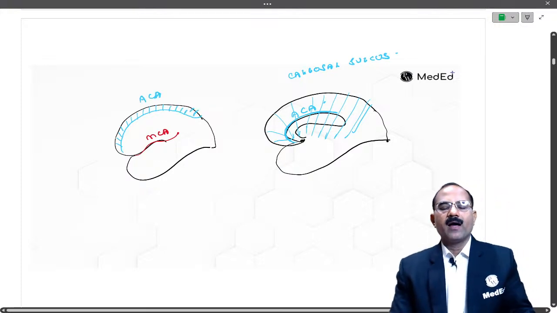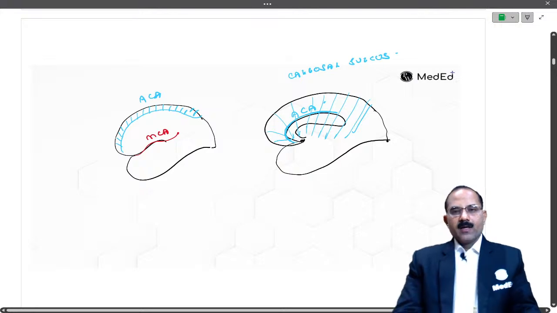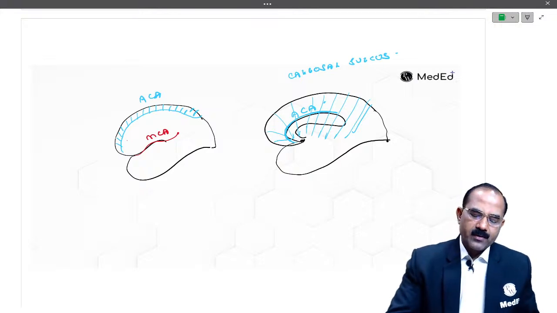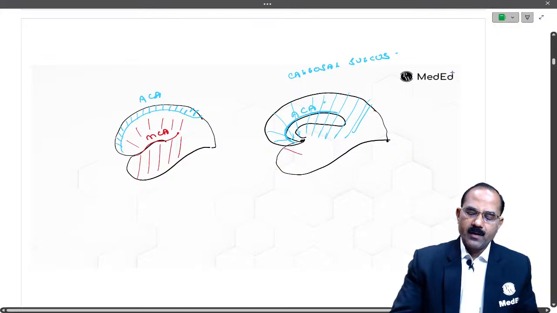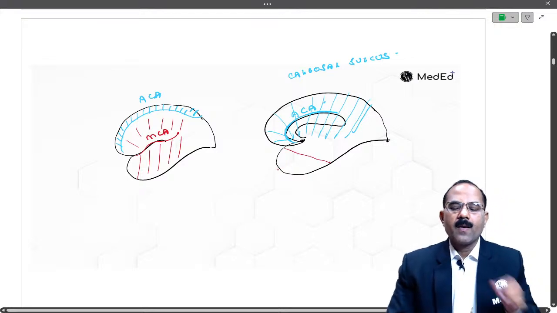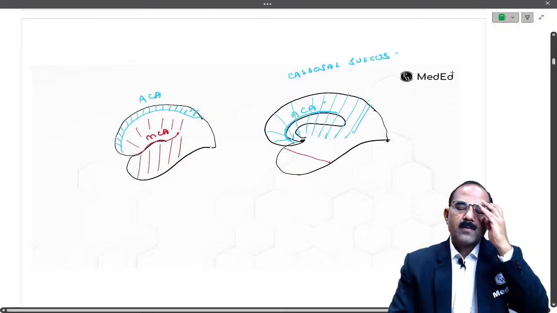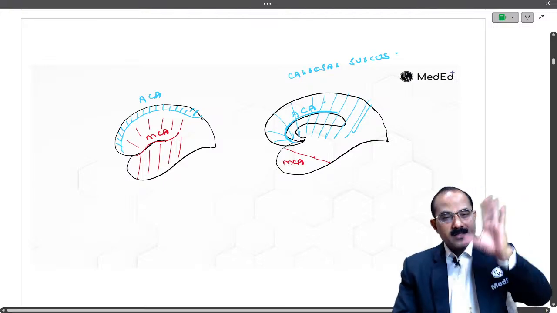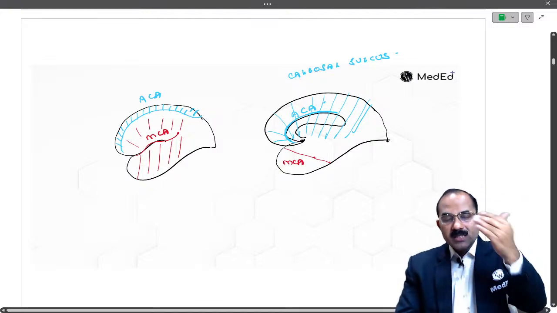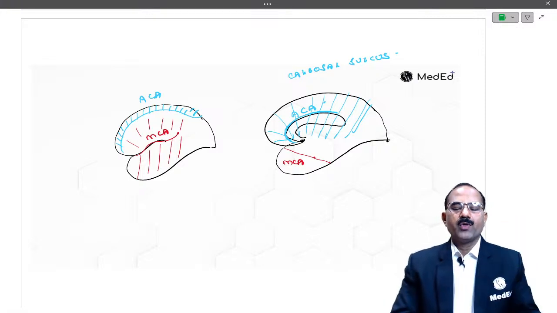Anterior cerebral artery. Now, the major part of the supralateral surface is supplied by whom? Middle cerebral artery. The middle cerebral artery also supplies a small area on the medial surface of the temporal lobe.